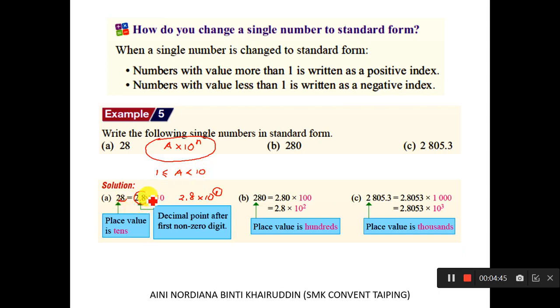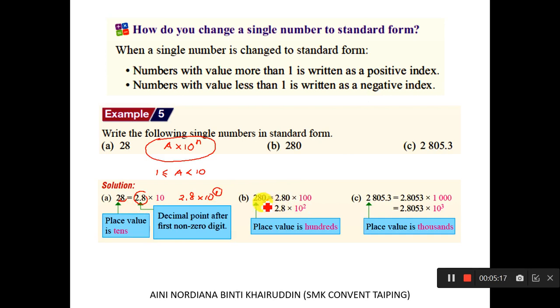So we make sure that this value, okay, must be greater or equal than 1, less than 10. 2.8 is greater than 1 but less than 10. Alright. Okay, for B, so the decimal point is here.